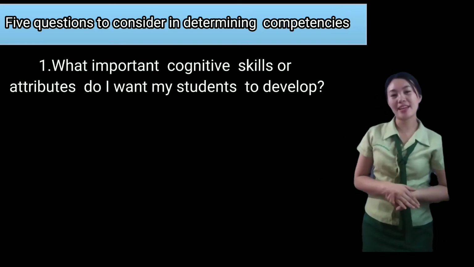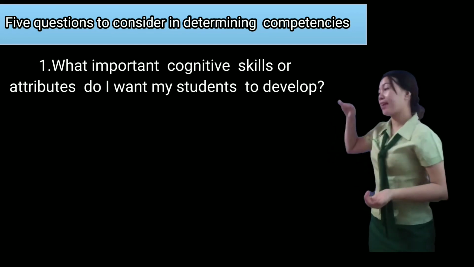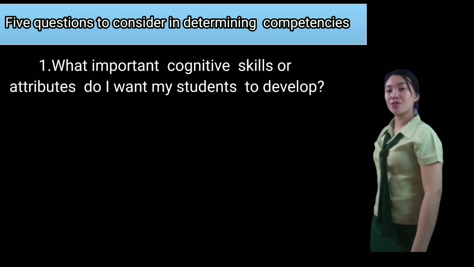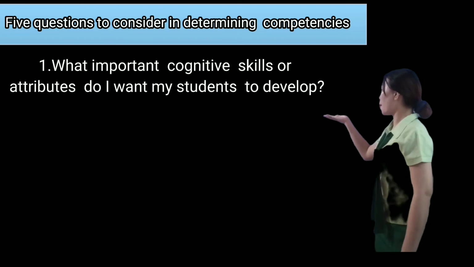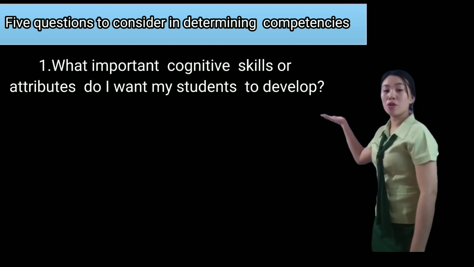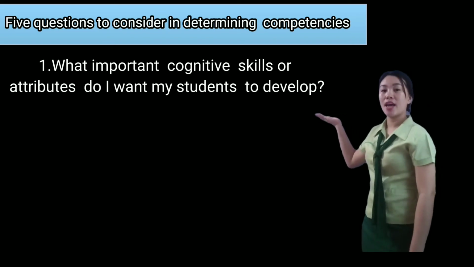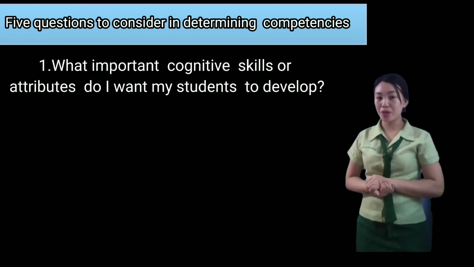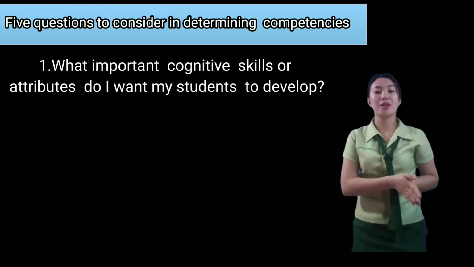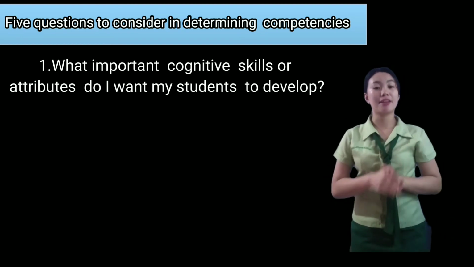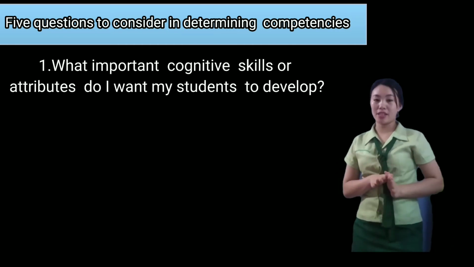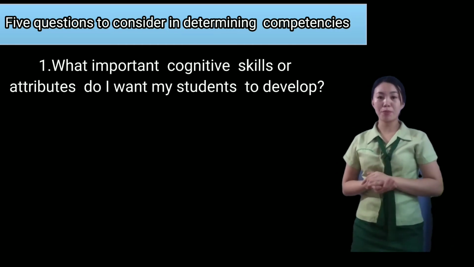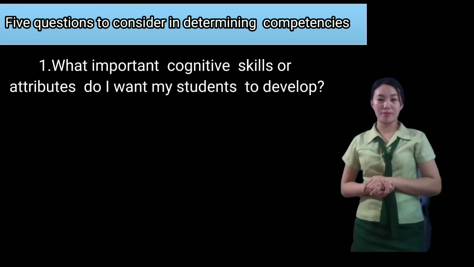Here is basic question number 1: what important cognitive or attribute skills do I want my students to develop? The possible answers are communicate effectively in writing and employ algebra to solve real-life problems.